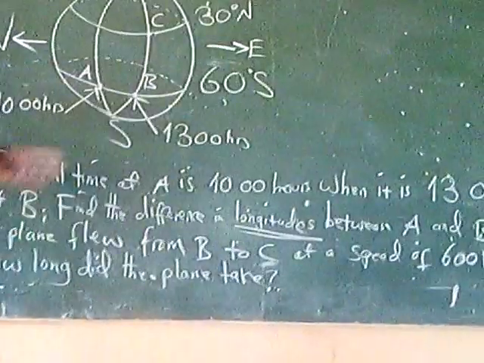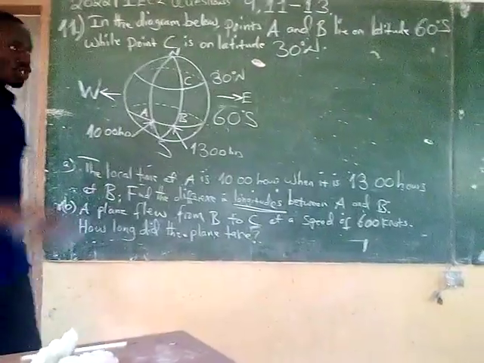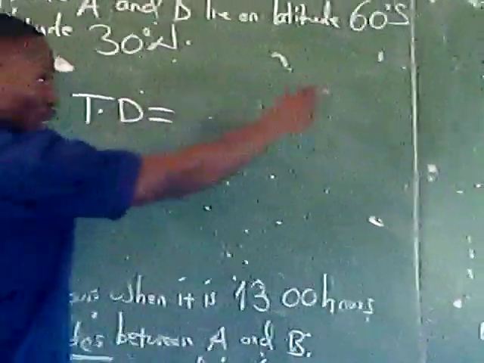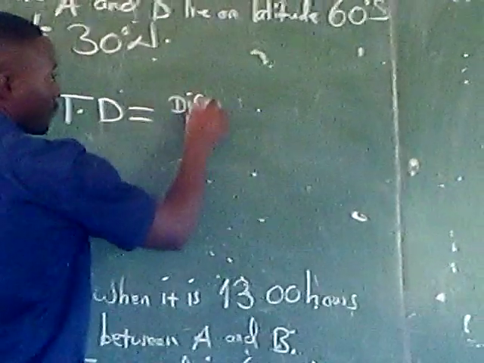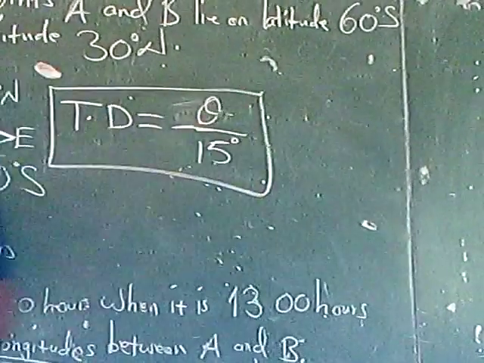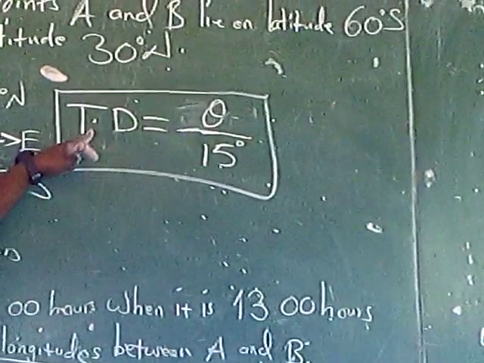So what is the formula for us to go about measuring time? We use this: time difference is equal to the difference in longitudes, where TD means time difference.